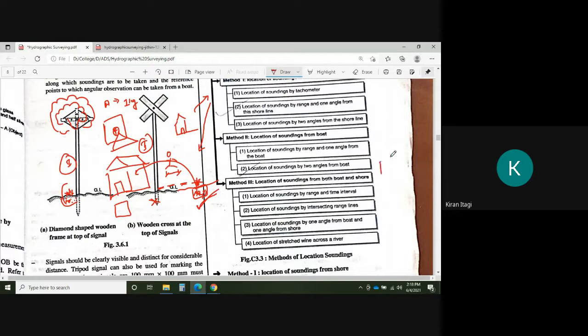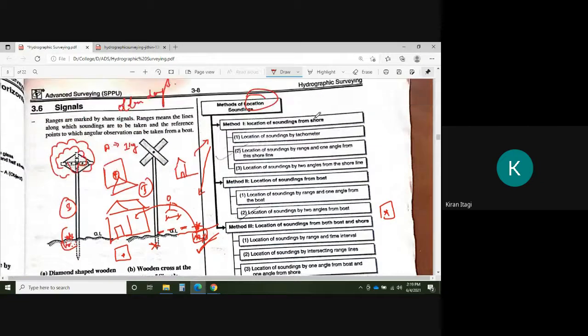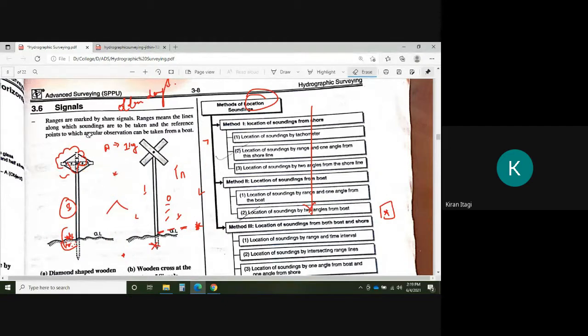On land I can put some rods or keep some stones, and I can go. But in water, how will you identify that point? We will see all these things in these methods. I hope you have got some basic idea how to locate that point. Only here we have to imagine.